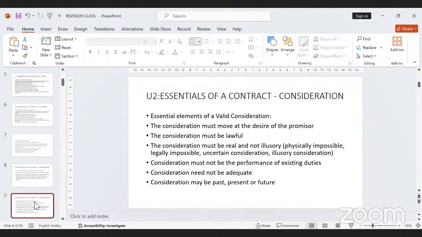See, treating those patients is a part of their duty. That is what they are paid for. They cannot again ask money for that. So consideration must not be something that is already a performance of your existing duty. For example, I am being paid to take this class for you. Again, I cannot demand money from you for that, right? Then consideration may be past, present, or future, right?